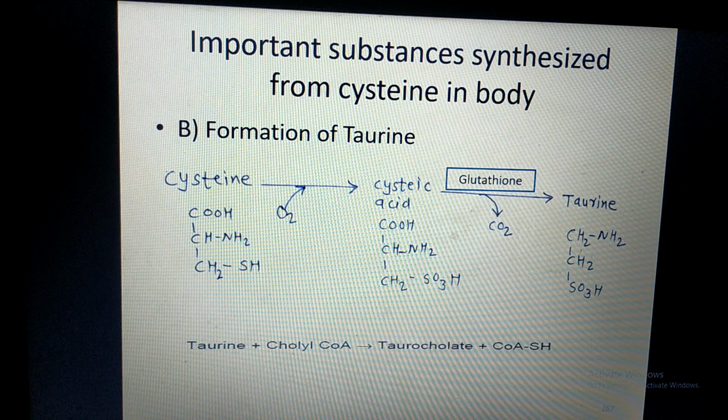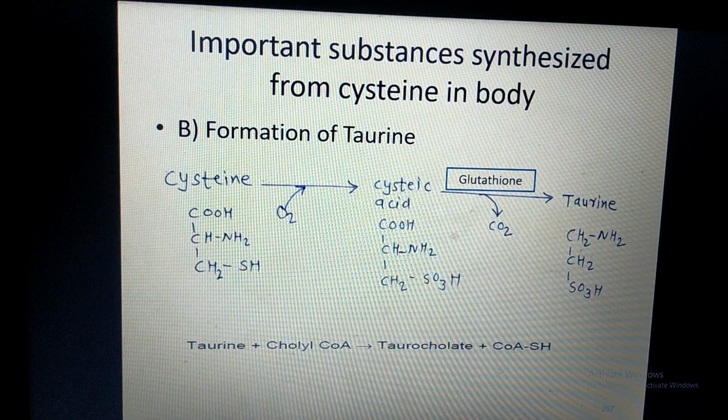Coenzyme A is always written as CoA-SH. Why is SH written? Because SH is the active group present in coenzyme A. To show that active group, free coenzyme A is always written as CoA-SH.